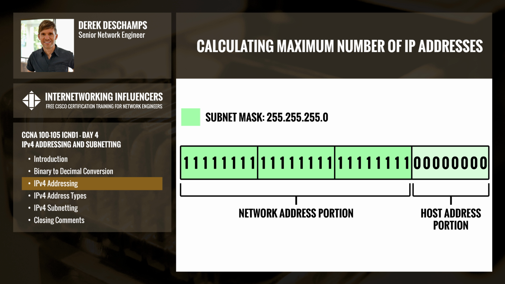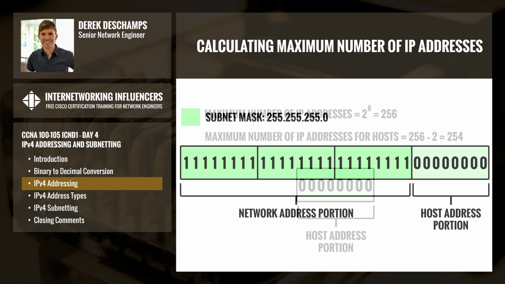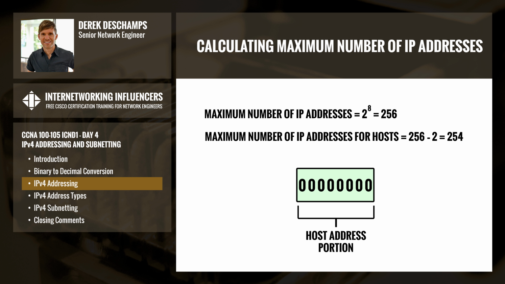In this example, a subnet mask of 255.255.255.0 signifies that 24 bits are used to identify the network address, leaving us only 8 bits to identify hosts on that network. 8 bits allows us a maximum of 2 to the 8th IP addresses, which is equal to 256.